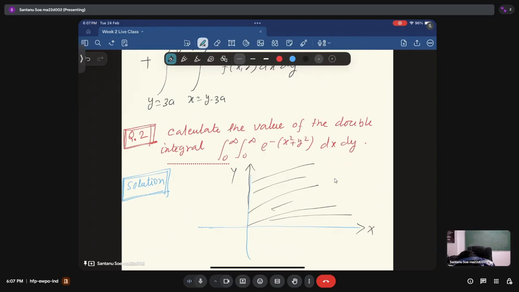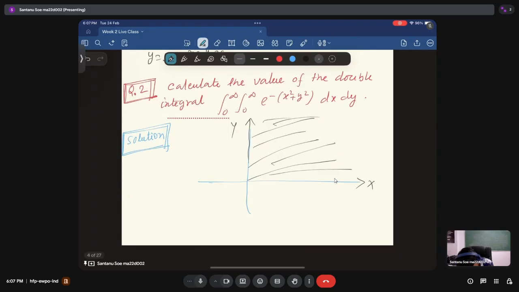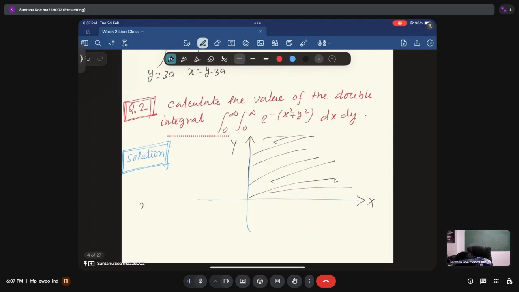So here we have to do the integration. So to do so, first we're going to take x equals r cos theta and y equals r sin theta, and this will imply x square plus y square equals r square.